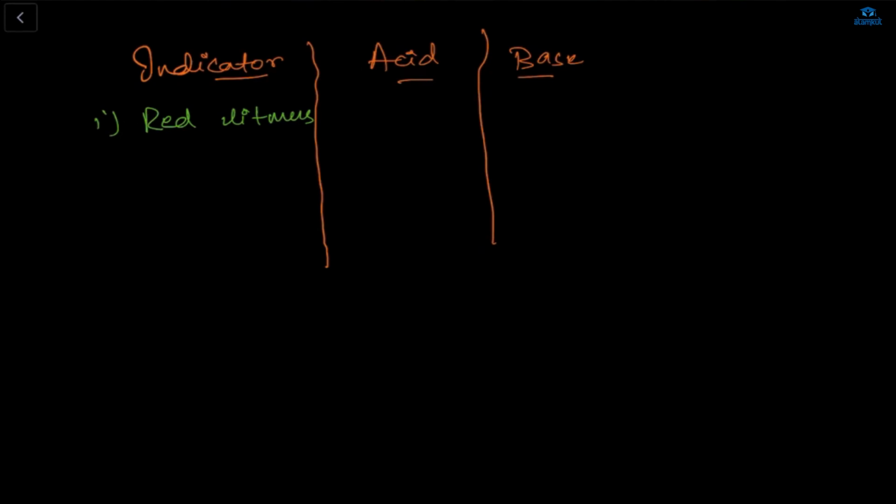Shazan, Safia, and Ruth, come on, quickly. Ma'am, in base it will turn blue. Yes, turns blue. And if you put red litmus in acid, it will be red only, meaning no change. Now for blue litmus. Red and no change. Yes, very good.